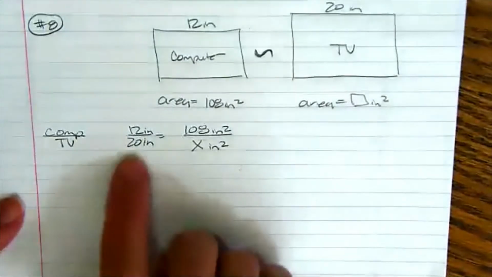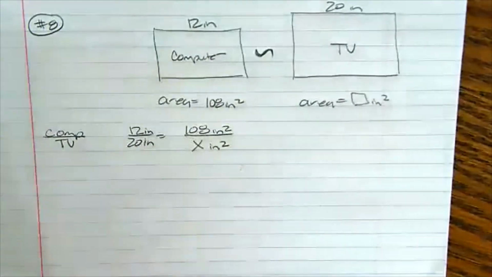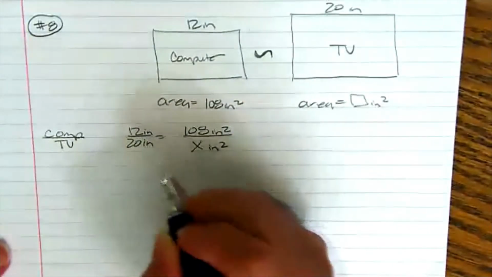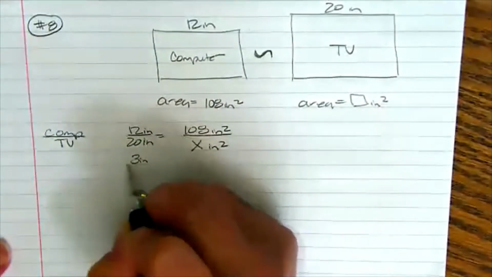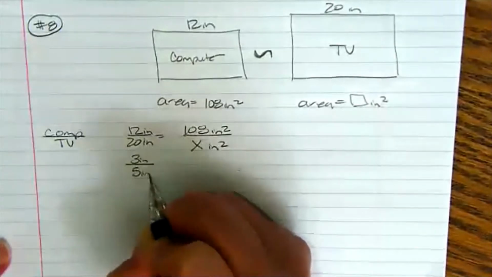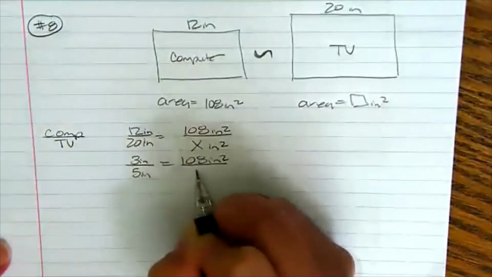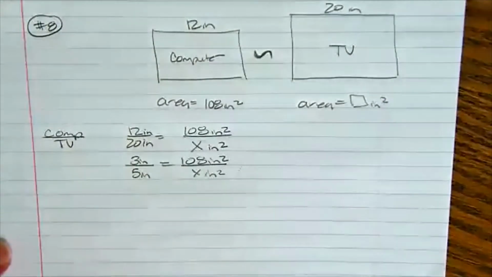So the first thing I'm going to do is reduce this fraction so that I'm working with smaller numbers. It makes it easier. So 4 goes into 12 3 times, and 4 goes into 20 5 times. So my numbers are a little bit smaller, makes it a little bit easier to work with.